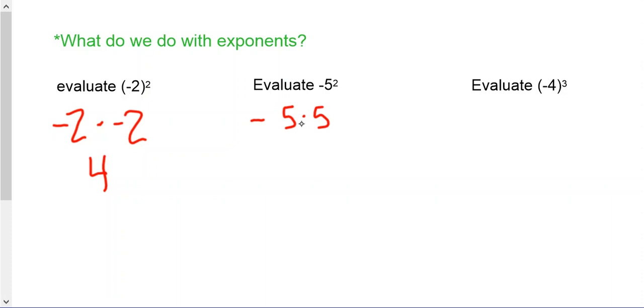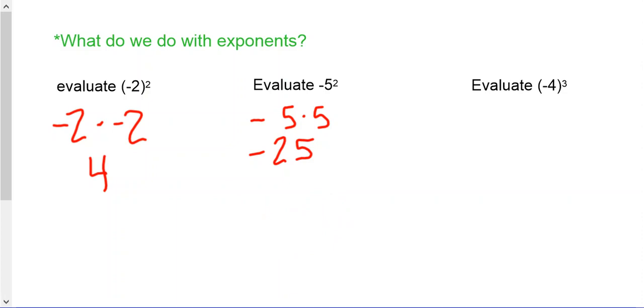Okay, so this negative would just hang out there. It would come down with it, and we'd have 25, so we would get a negative 25, which is very different than a negative 5 times a negative 5. So make sure you pay attention to that exponent and if there are parentheses or not.